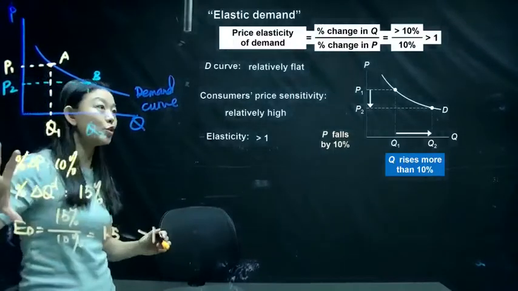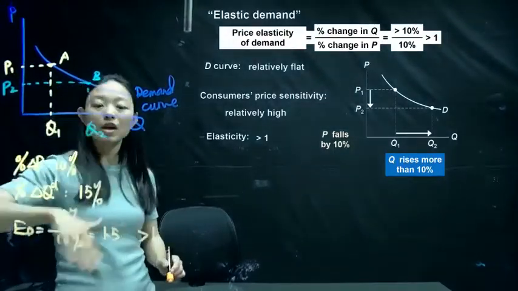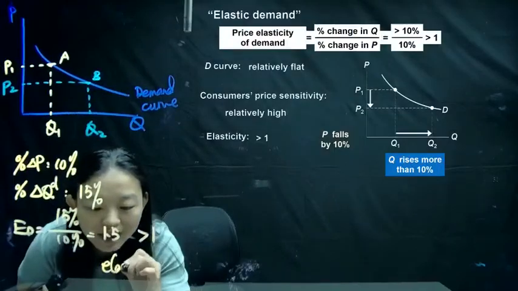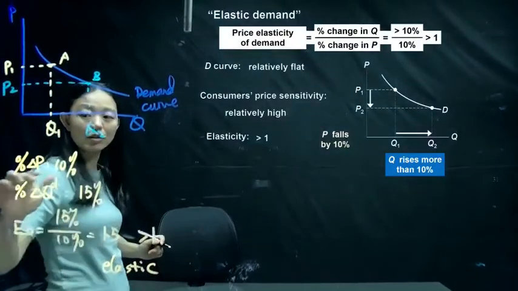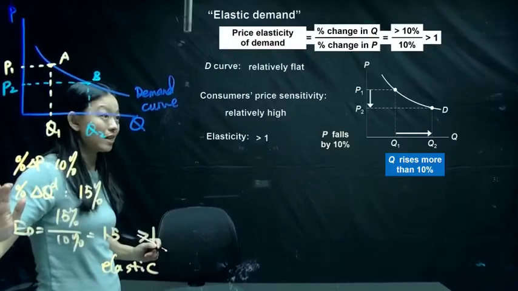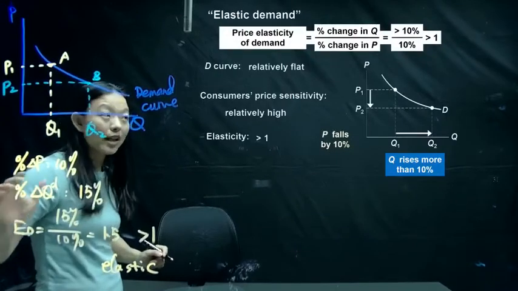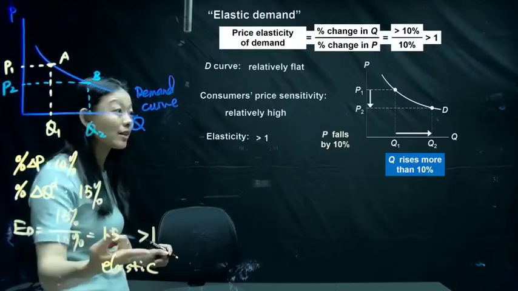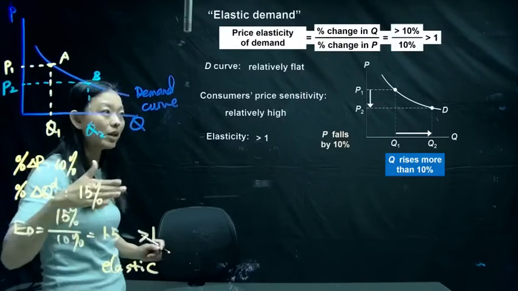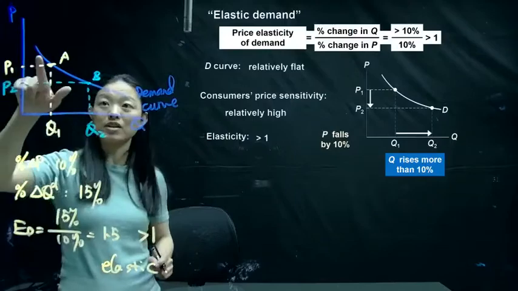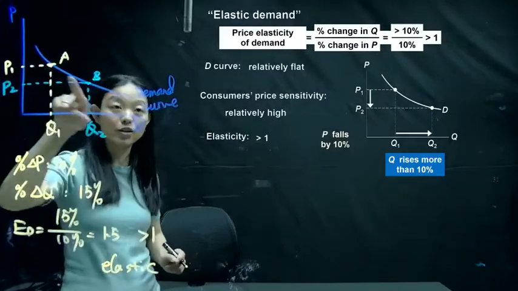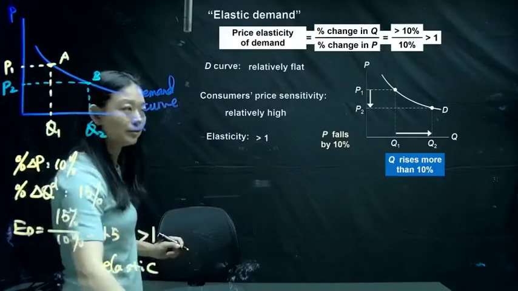So from this case, you might notice if we talk about demand is elastic, which means now consumers are very sensitive to the price change, and the price elasticity is larger than 1, this will be elastic demand. Okay, and then you can see the demand curve is a flatter curve.